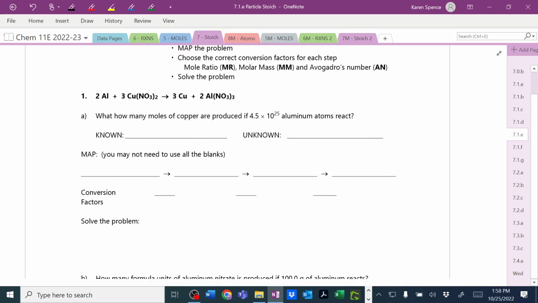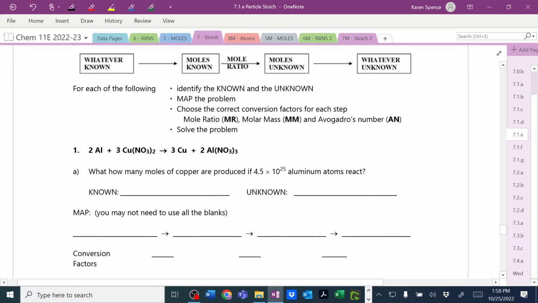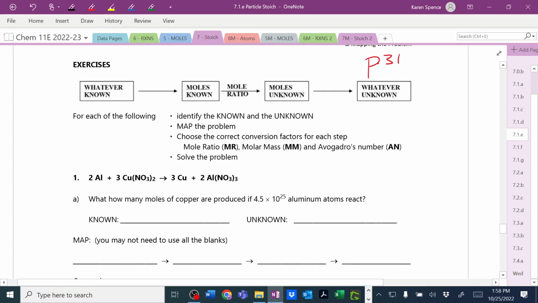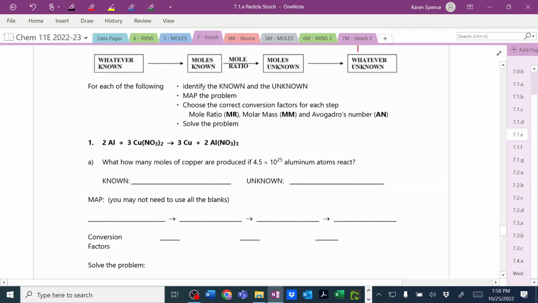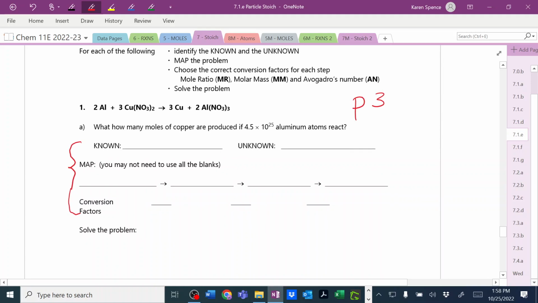Do you know what you could do? You could just go back here to page 31. I feel like I'm flogging a dead horse on the pages before that. And you don't necessarily have to do this part. Like that's kind of optional. You could just go to the meat of the question, which is solve the problem. If it helps you to do the known, the unknown, and the map, that's great, but if not, you can just solve the problem. So page 31. Try a few. Are we good?